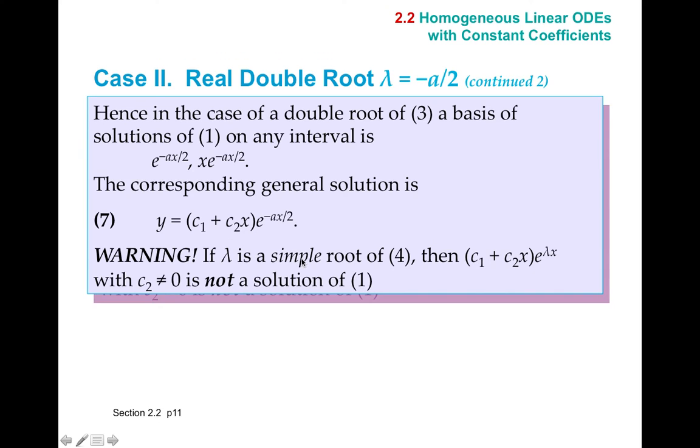So we have two possibilities then, and when we create our general solution, we will have c1 e to the minus ax over 2 plus c2 x e to the minus ax over 2. So then this gives us a basis set of functions.